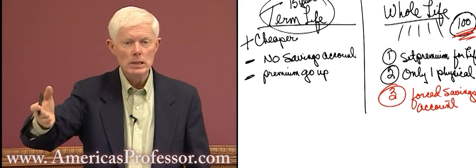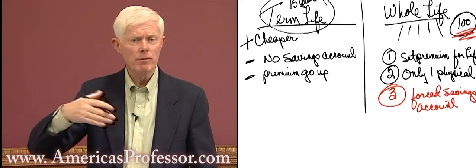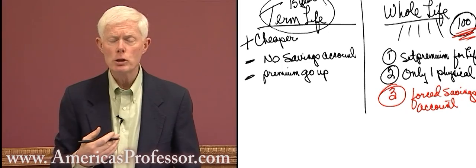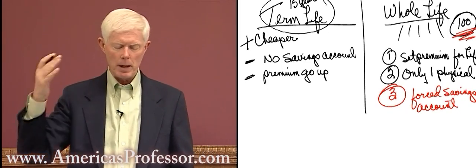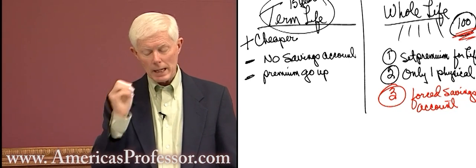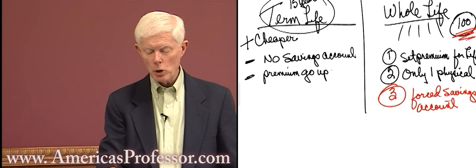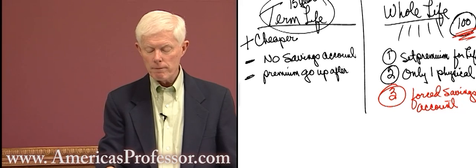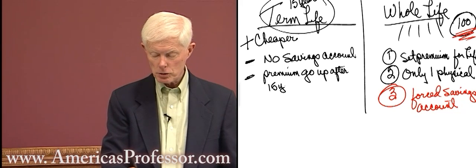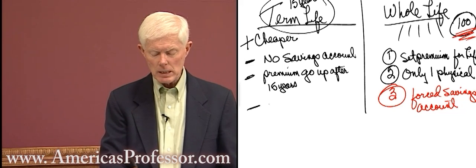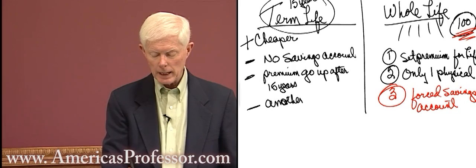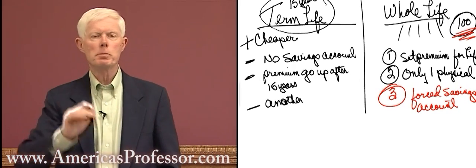I could have some disease where I can't pass the physical and the insurance company won't insure me at all. Or if they do, it'll only be at a high rate or for a low amount of insurance. So we can bet that the premium will go up after 15 years. And also, after 15 years, I'm going to have to take another physical to have insurance that continues beyond the 15 years.